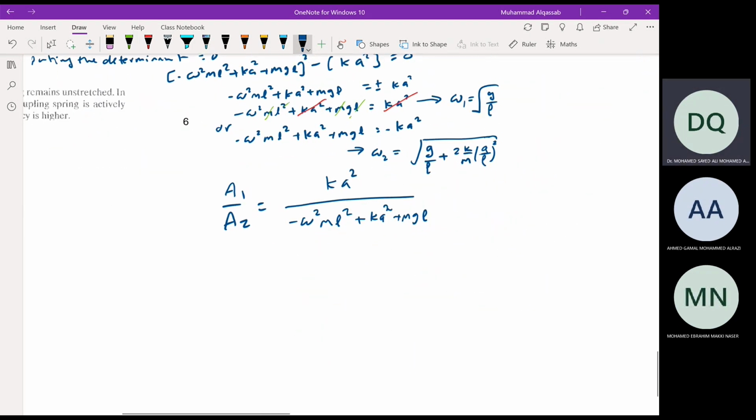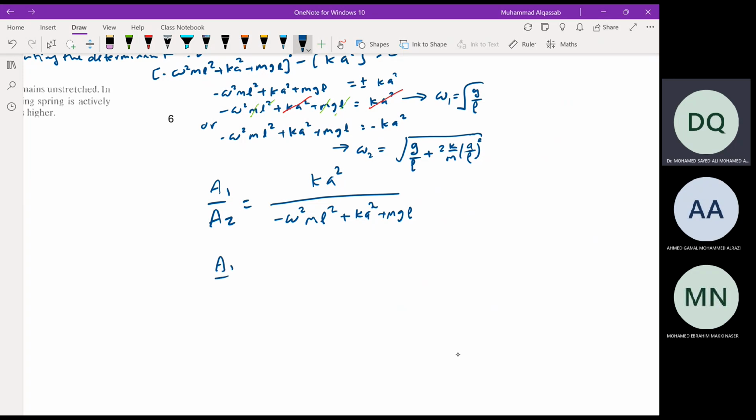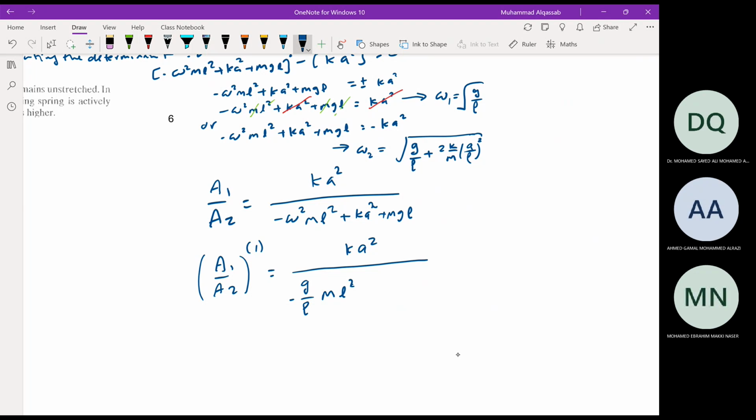To get the amplitude ratio for mode one, you substitute omega equal to omega 1. So Ka squared divided by, omega 1 squared is g over L, times mL squared, plus Ka squared plus mgL.